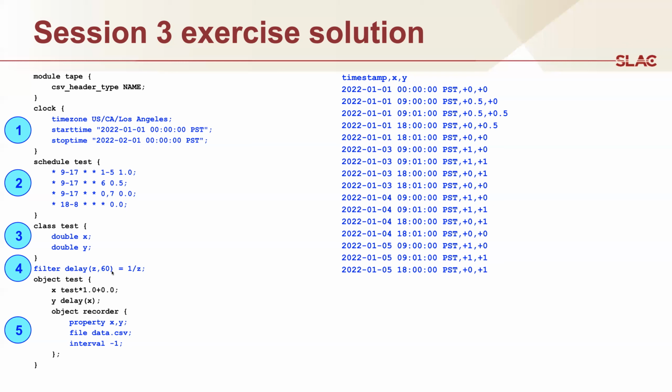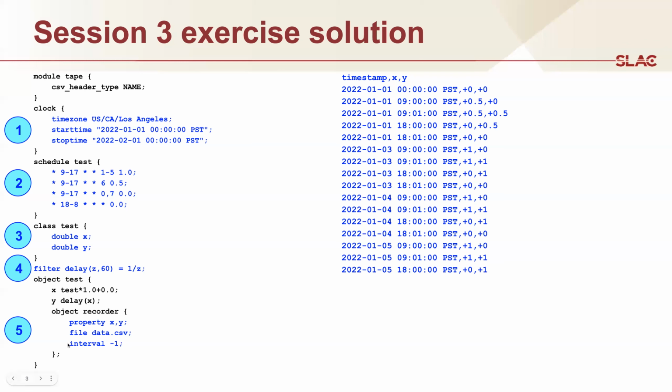So the time step is 60 seconds, and every 60 seconds, it will update the value that's targeted. In this case, it's the value y with the input x. So we would expect that the value y will be equal to the input value x with a 1-minute delay. And then creating the recorder, we record both the x and y values.